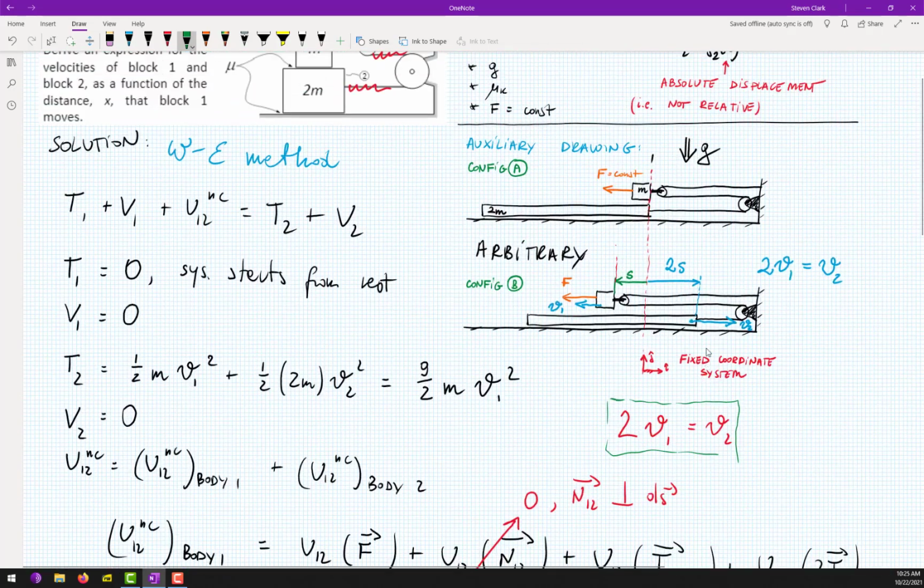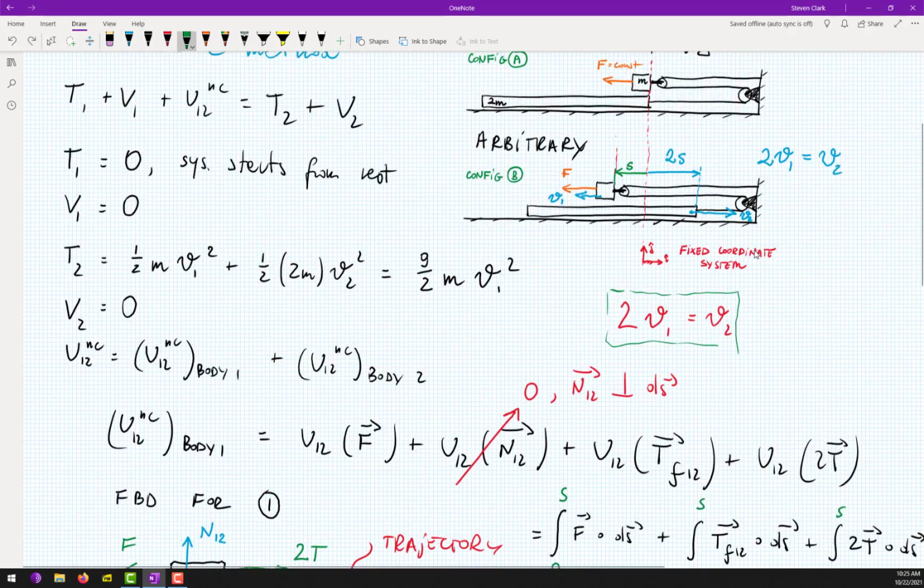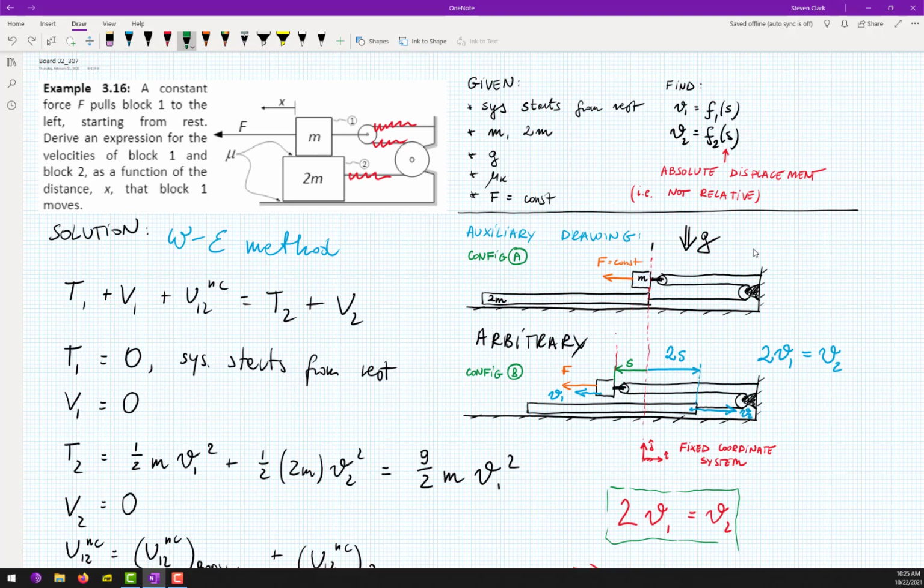I know that this guy moves s to the left, so that guy is going to move 2s. And actually, this is important information for you, Anna. This is absolute displacement, not relative displacement. This is absolute displacement for a person that stays here.